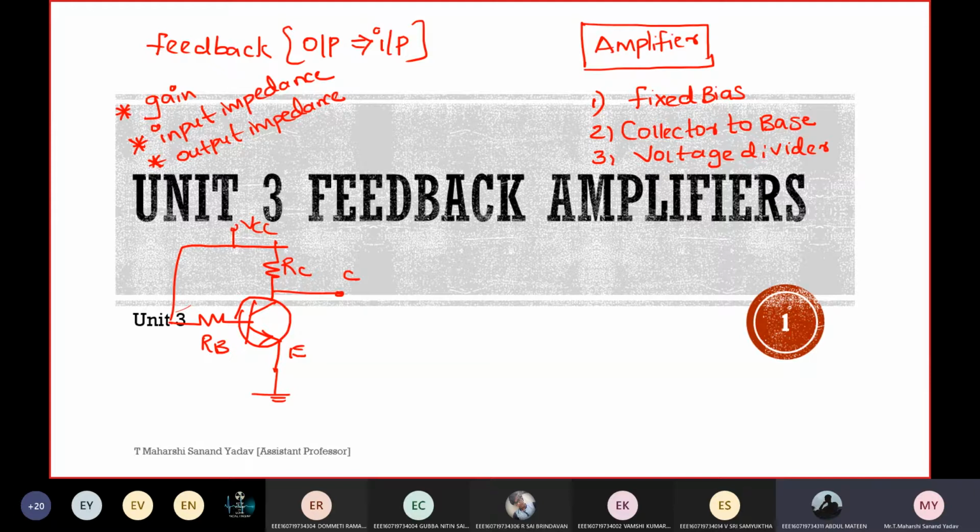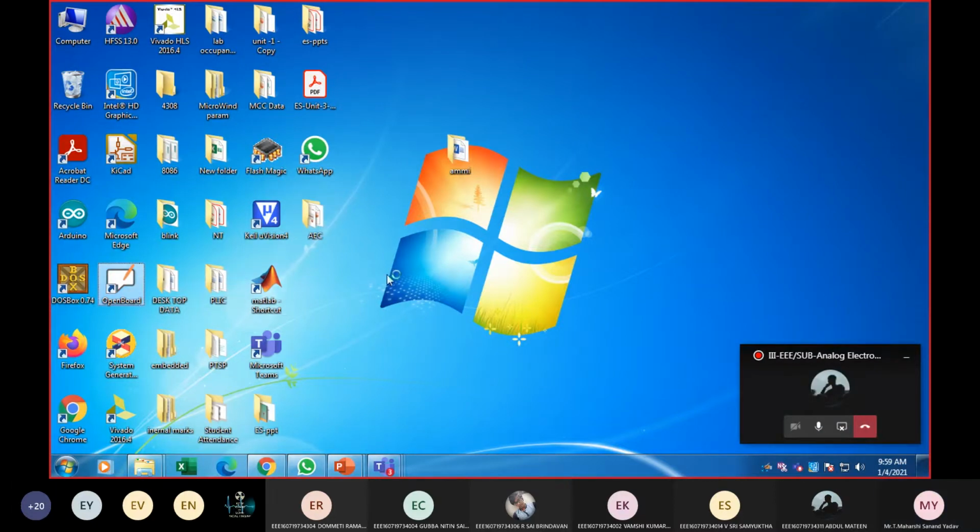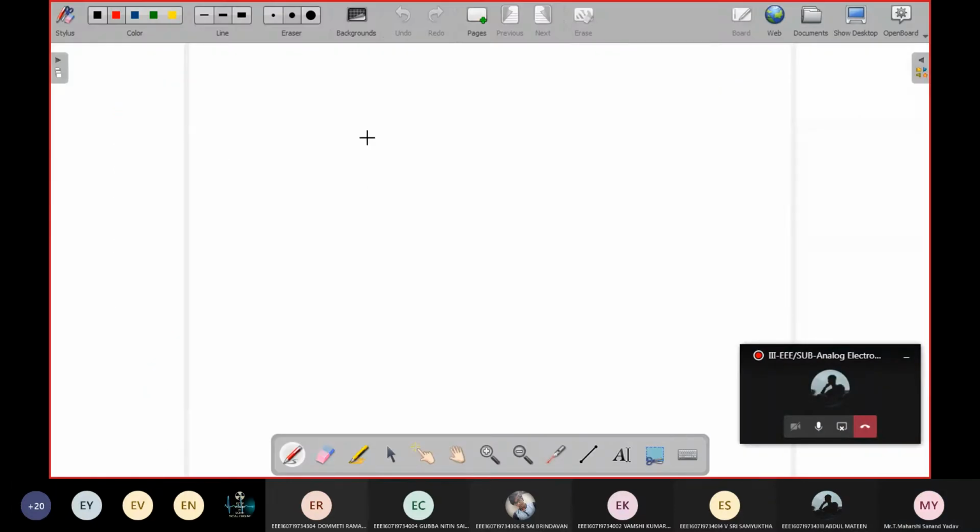No, it's not collector to base. If it is collector to base, from here you need to take feedback. From this point, if you take feedback, it is called collector to base. Voltage divider? No, it's not voltage divider. It is fixed bias. See, we have already seen this one. Fixed bias is also called base bias.